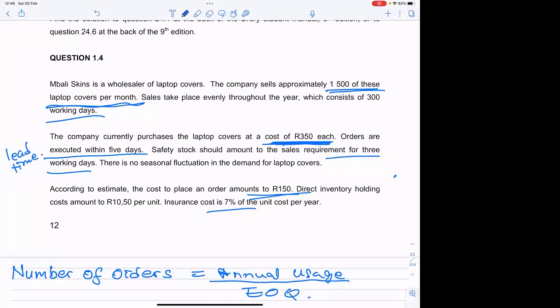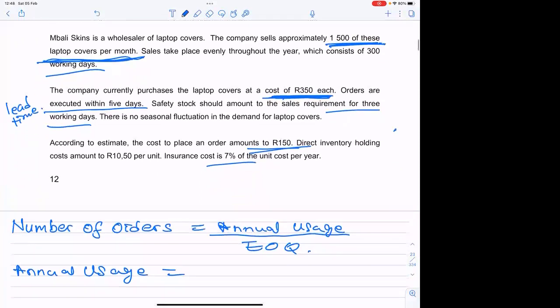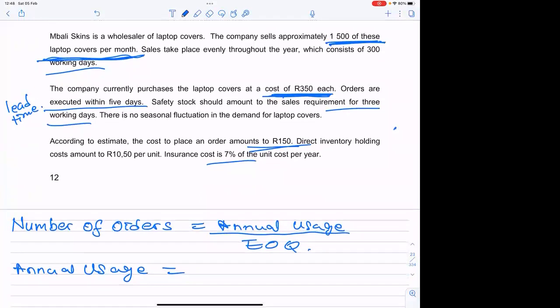So it is 1,500 of these laptop covers per month. How many months do we have in a year? We have 12. So our annual usage will be 12 multiplied by 1,500. What do we get? 18,000. Right. So we have an annual usage of 18,000 units.